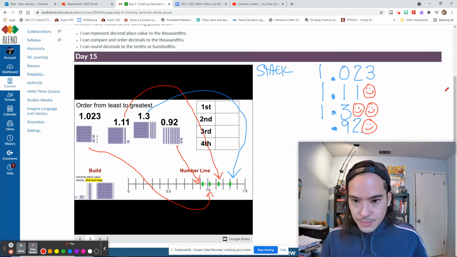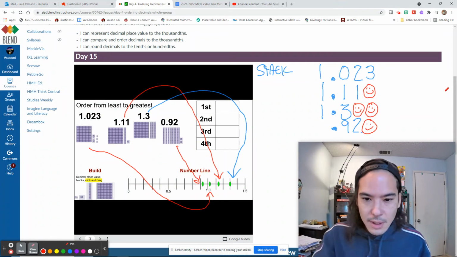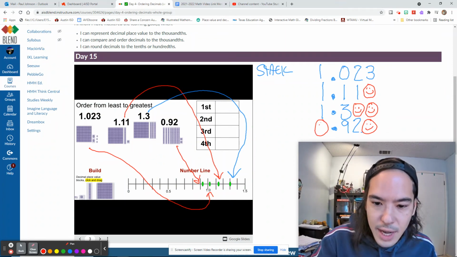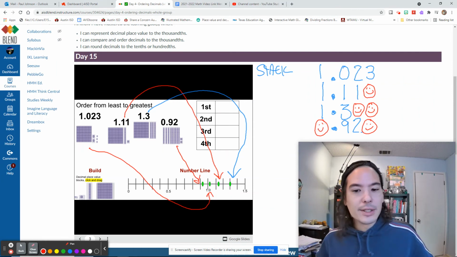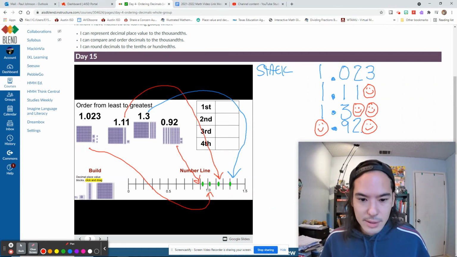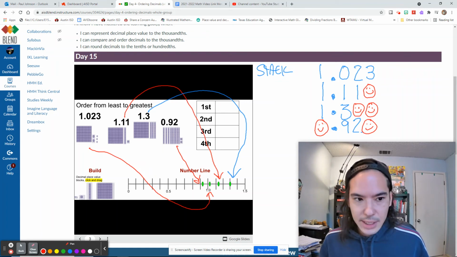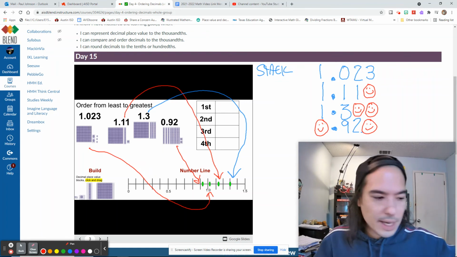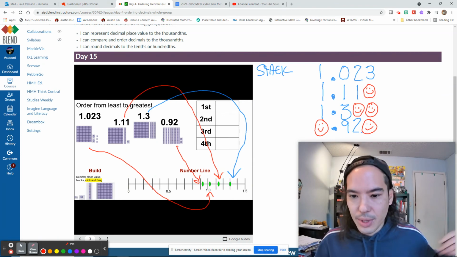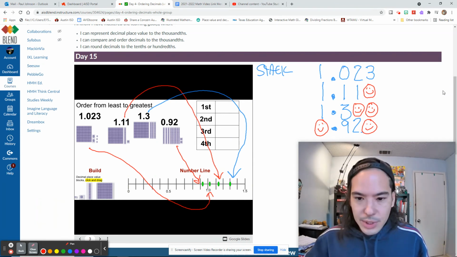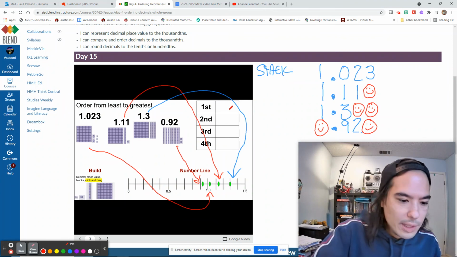All right, so now that we've done that, ooh, I almost forgot. I can put an emoji 0 right there too, because there are 0 ones. All right, so let's figure out which one is the biggest and which one is the smallest. We can probably do that pretty easily. Remember, what you would do is cover up everything except for what's on the very left.